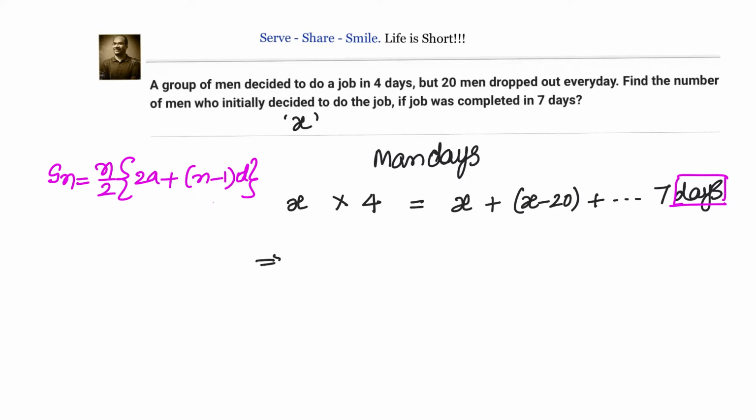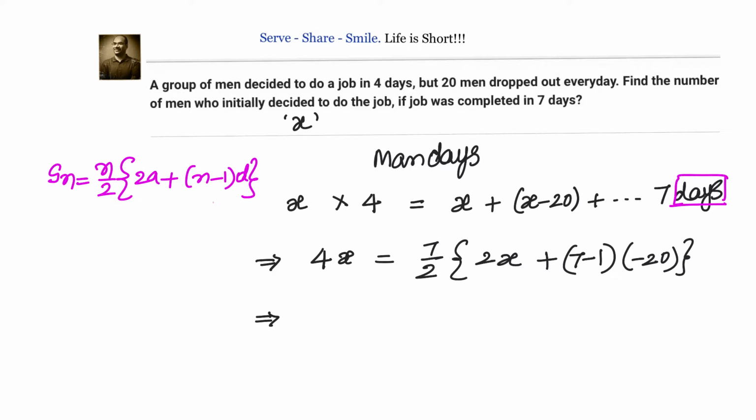We will have 4x equals to, number of days is 7, so terms are 7, by 2 into 2 into a, that is 2x, plus n minus 1, that is 7 minus 1, into d, which is minus 20.